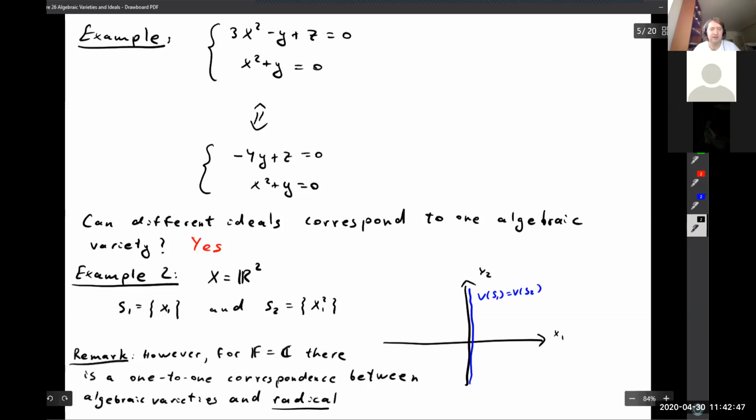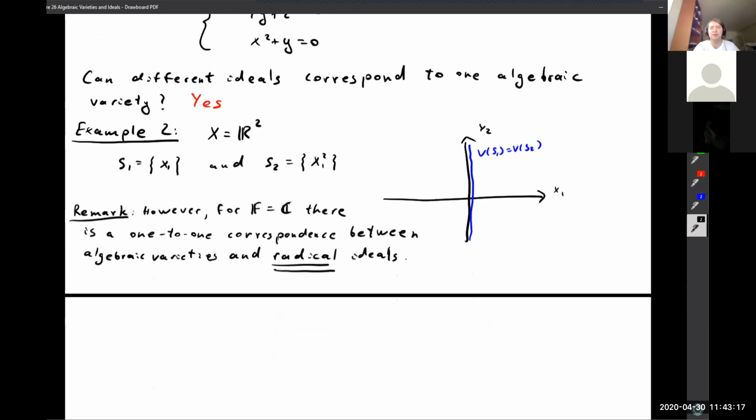So if you already solved problem B from the recent homework, you know what a radical ideal is, and that's precisely the ideal which is equal to its own radical. And if you look only at the radical ideals, then they will correspond to algebraic varieties. Okay, we're not going to, of course, go into details about the proof of that today.